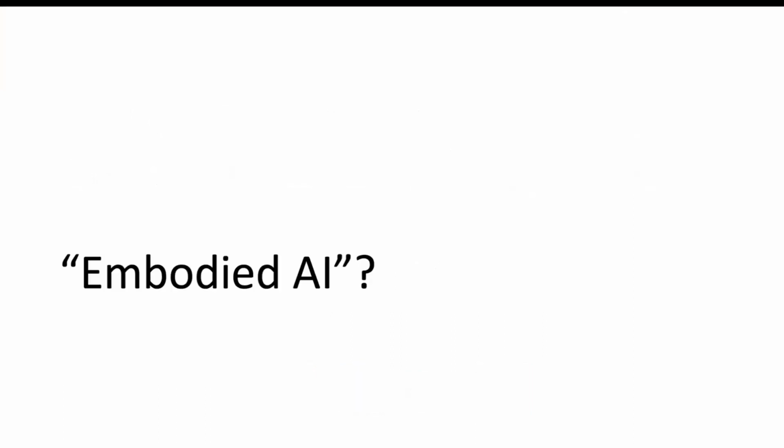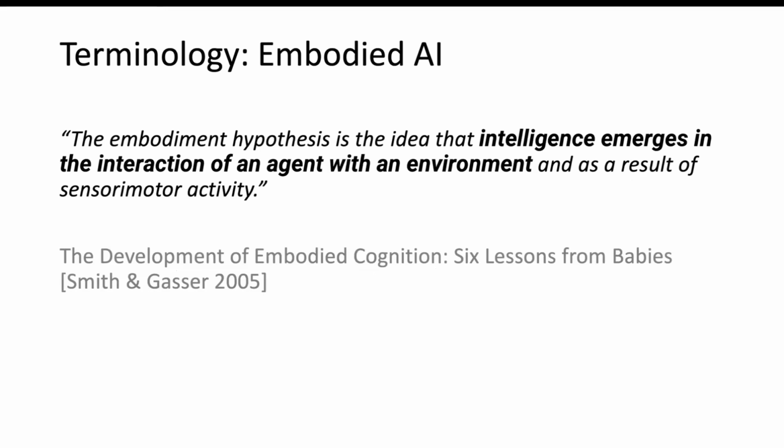So beginning with this embodied AI in the title, in quotes. What do I mean when I say embodied AI? This is recognizing the central role of embodiment in the emergence of intelligence.